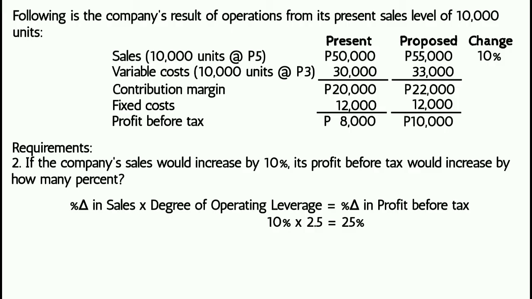Now, para ma-compute yung percentage change in profit, 10,000 pesos minus 8,000 pesos divided by 8,000 pesos. 10,000 pesos minus 8,000 pesos, that is 2,000 pesos. 2,000 pesos divided by 8,000 pesos, that is equal to 25%. Therefore, yung 25% na percentage change in profit ay tama.